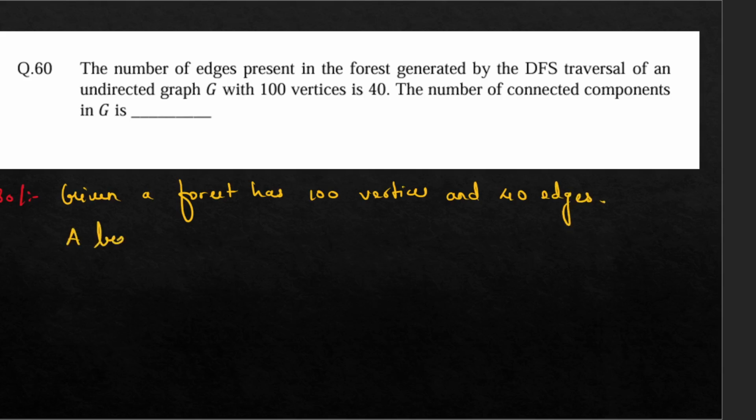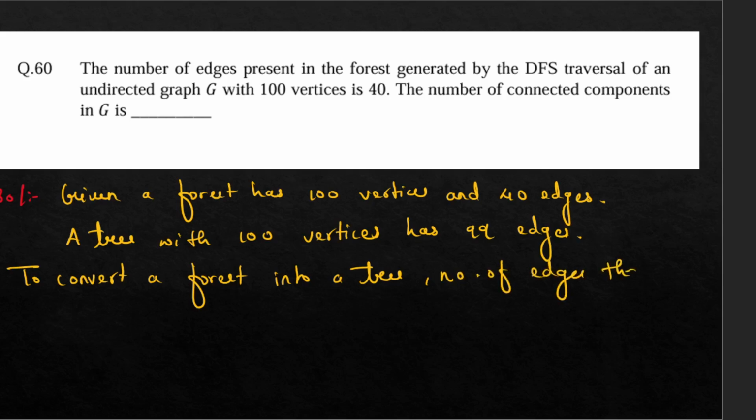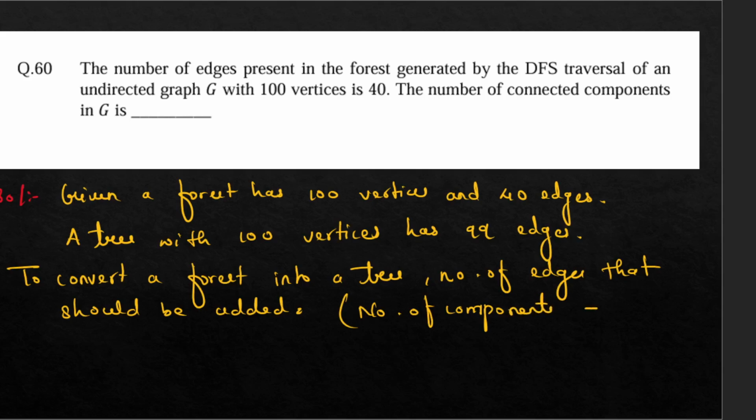So given a forest has 100 vertices and 40 edges, a tree with 100 vertices has 99 edges. To convert a forest into a tree, the number of edges that should be added is equal to the number of components minus 1.